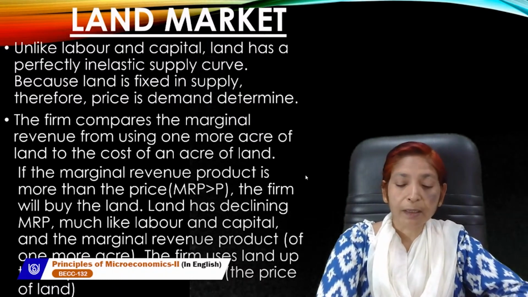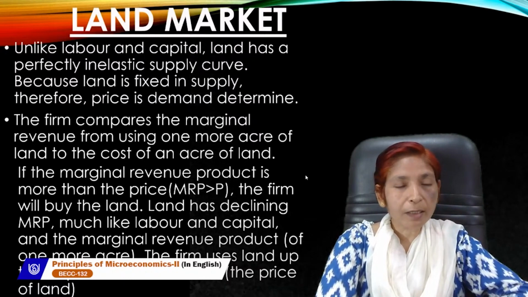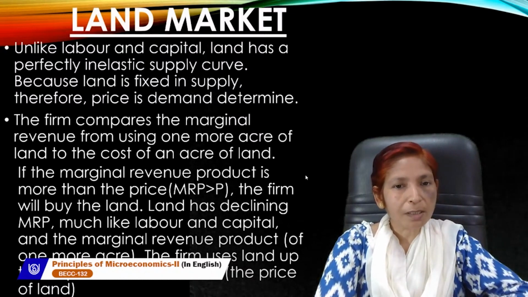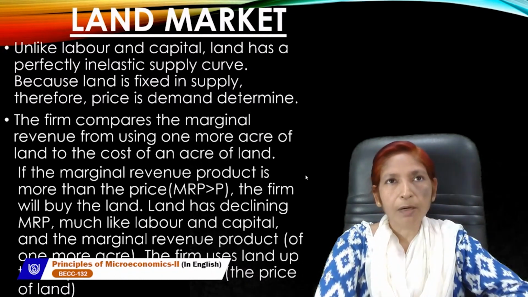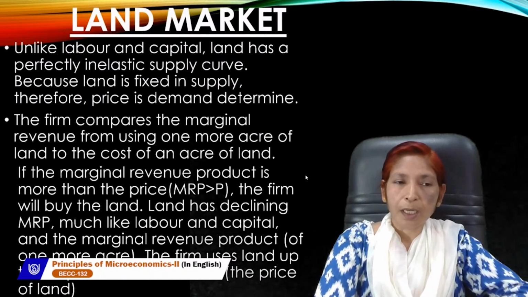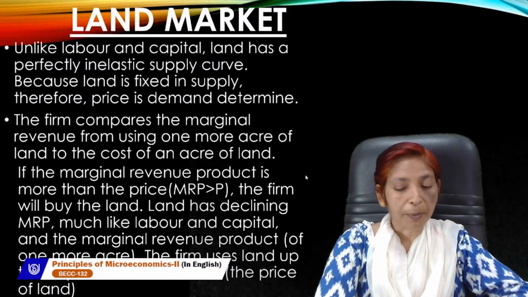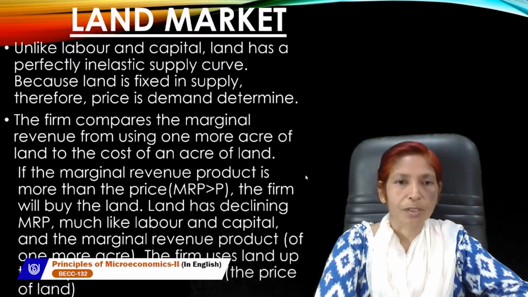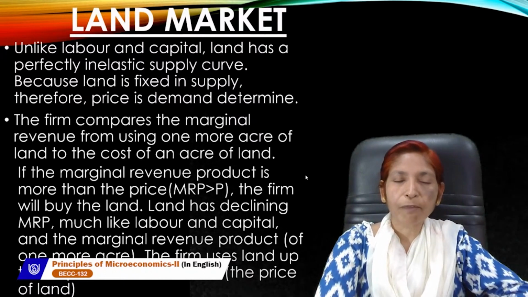As we have discussed, land is provided by nature free of cost. Land supply is always inelastic or it remains always constant. Labor can increase, capital can also change, but land can't be changed. So land has a perfectly inelastic supply curve.